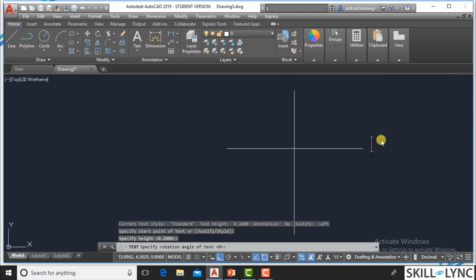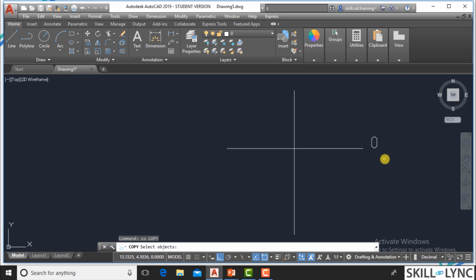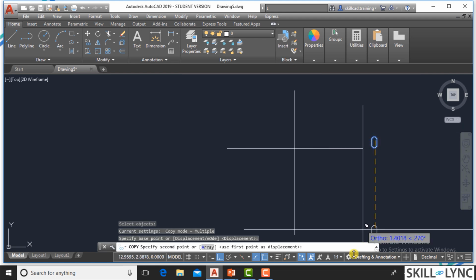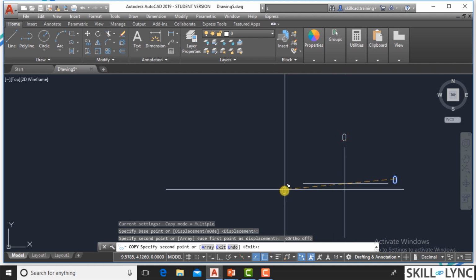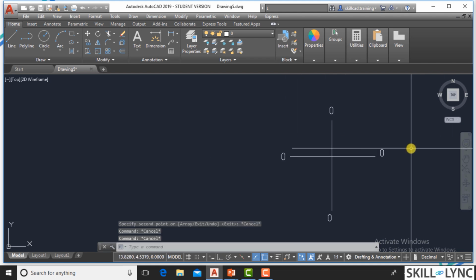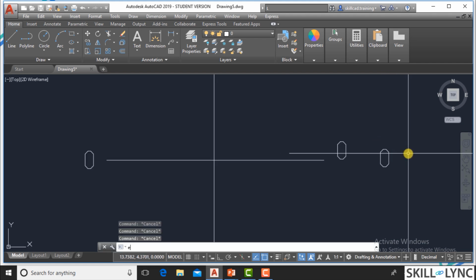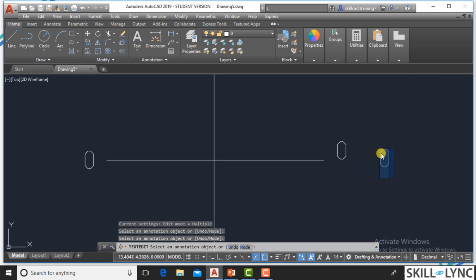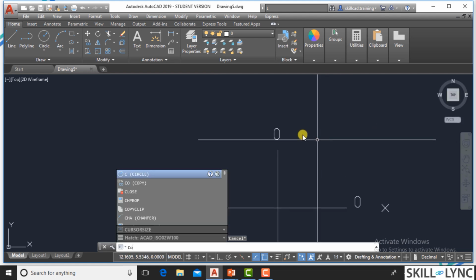So let's say I put 0 as the angle, and I copy this and put some angles over here. This is the x-axis, and this is the positive y-axis.